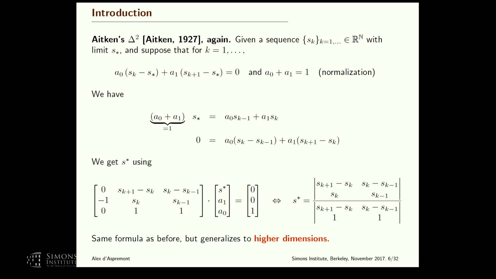You get this linear system, you solve it, and you recover Aitken's delta square like we did in the previous slide. That's the same formula as before, but it's a different approach, and it can be generalized to higher dimensions. So again, you observe 3 iterates, and using those 3 iterates, you try to estimate the limit.